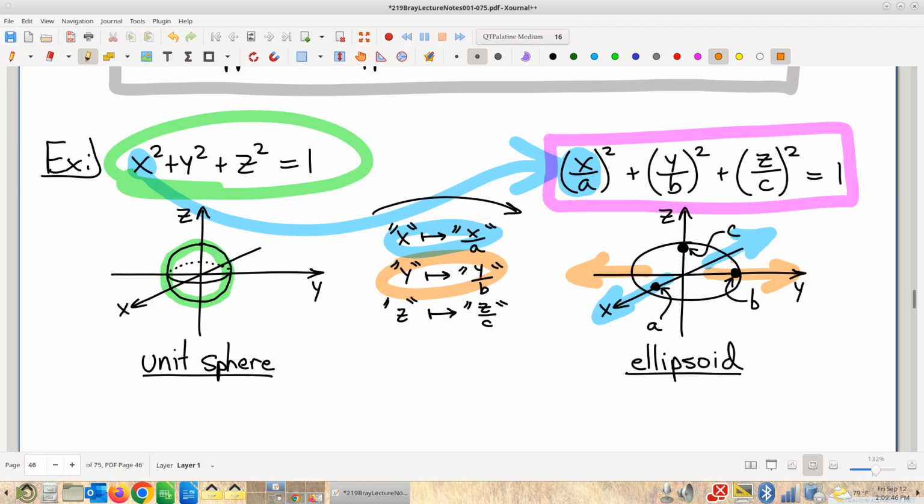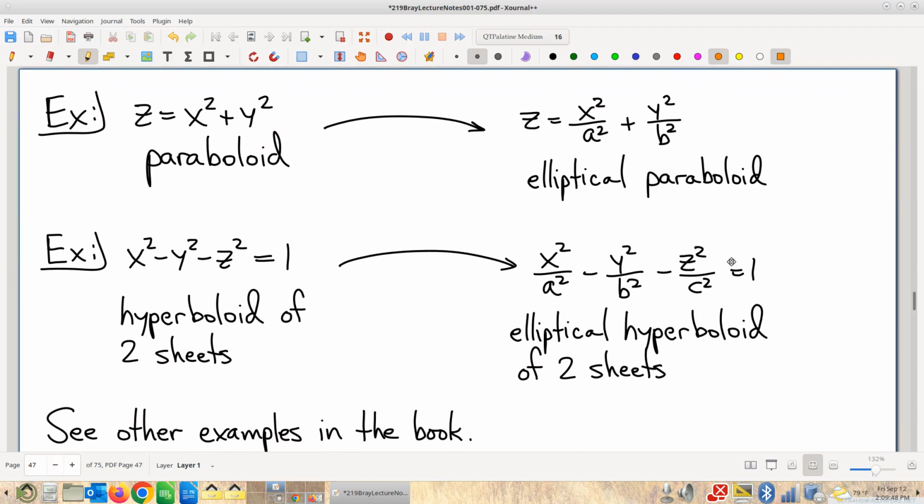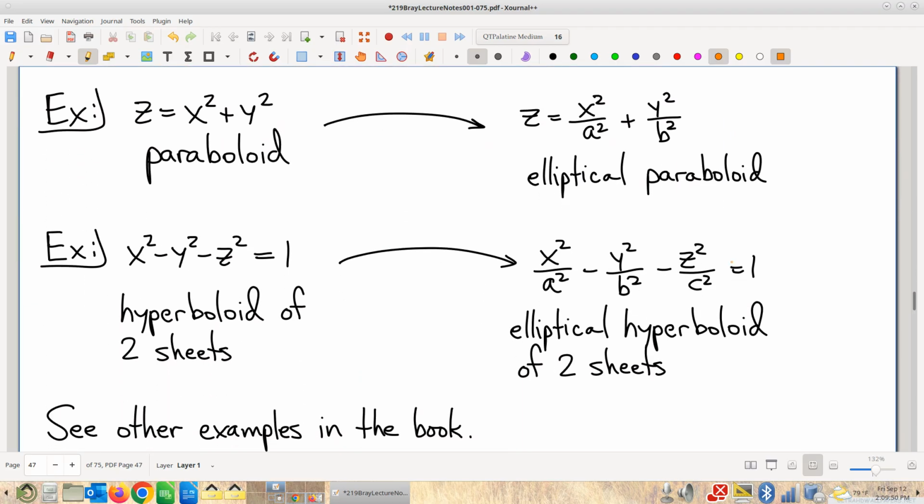Good stuff. Okay, now one little algebraic warning. The book has some examples, but there is a very commonly stepped on landmine here. Let's look at this first example. A lot of students will see this and think, oh, looks like I've replaced x with x over a squared.